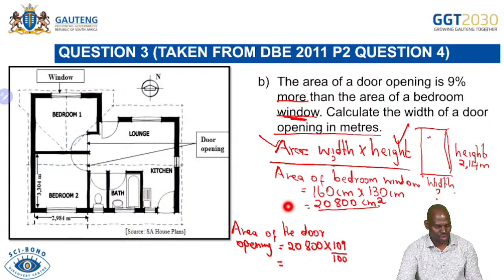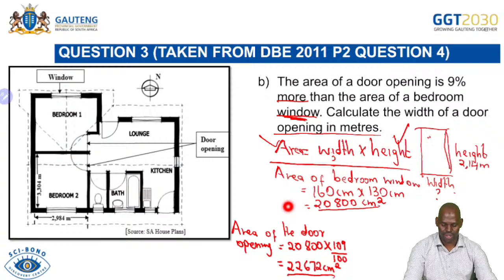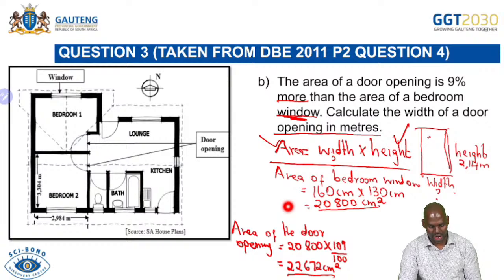So we say 20,800 multiplied by 109 over 100. This is 22,672 centimeters squared. This now will be the area of the door opening. We now know the area of the door opening. Okay, so we've got that information.